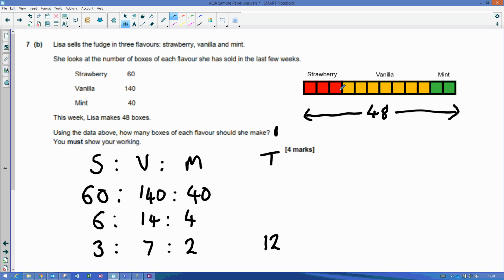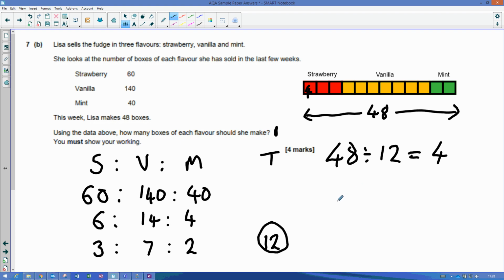And I want to know how many boxes each of these represent. 12 little boxes altogether comes from this total. If each of these is an equal size, I can work out what size they need to be by seeing how many 12s there are in 48. 12 into 48 goes 4 times. So each of these little boxes represents 4 fudge boxes.